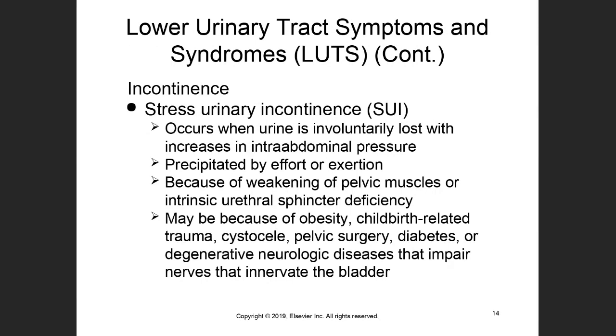Another way to say it is that when you increase intra-abdominal pressure, because when you cough and when you sneeze, you increase the intra-abdominal pressure, and that increases pressure in the bladder, and then you leak a little bit of urine.